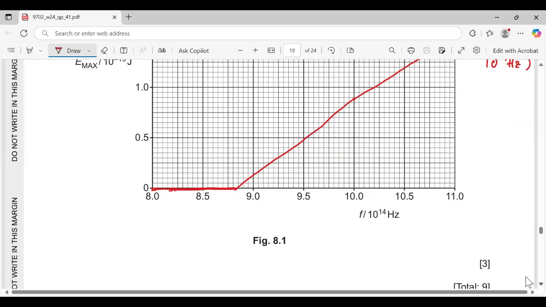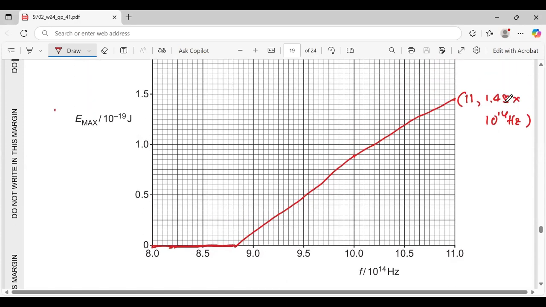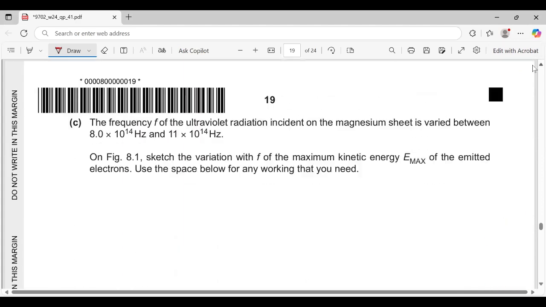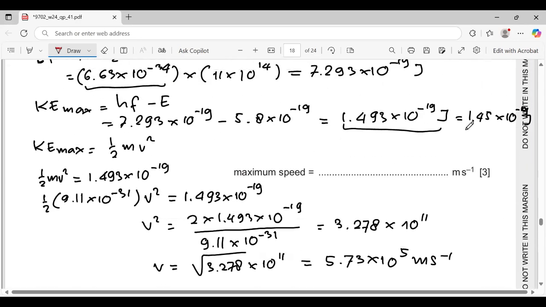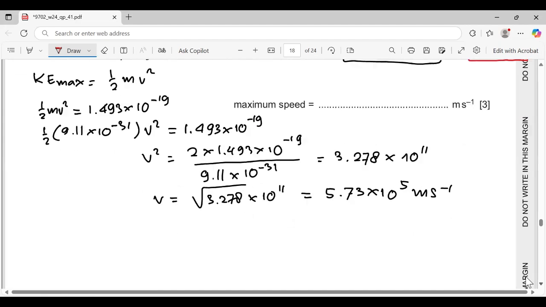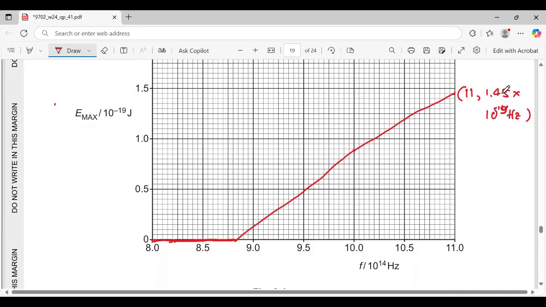Let's continue. Oh, wait, I have to fix it first. This is actually 10 to the power minus 19, because this number is from kinetic energy maximum, 1.45 times 10 to the power minus 19. So this coordinate point is 11 and 1.45 times 10 to the power minus 19, based on this information that this is the axis for 10 to the power minus 19 joule.